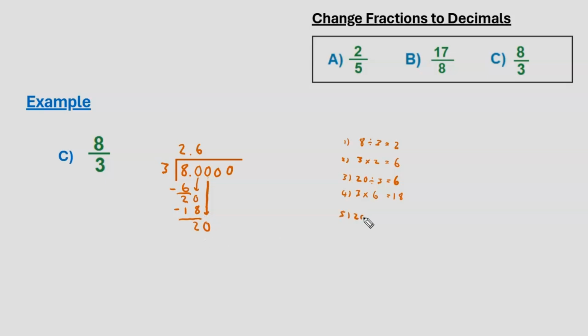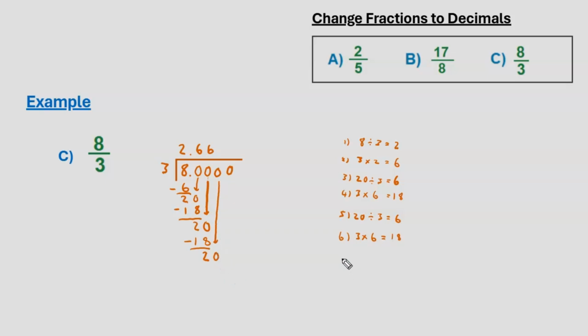So our 5th step, 20 divided by 3, without remainders, is 6. Then our 6th step is 3 multiplied by the 6, 18, which is subtracted below. And 20 minus 18 gives us 2.